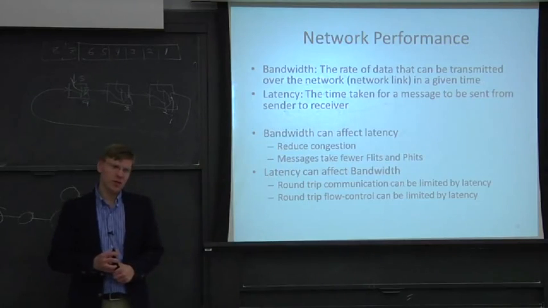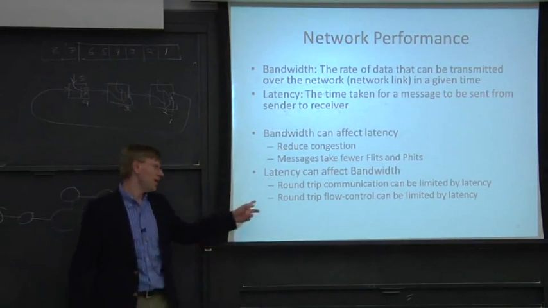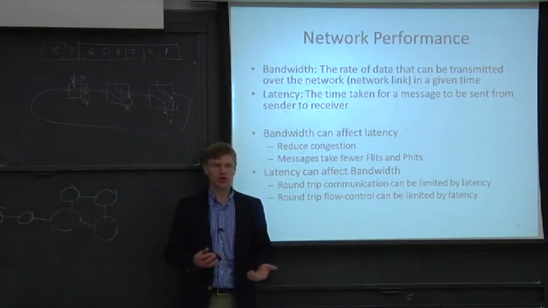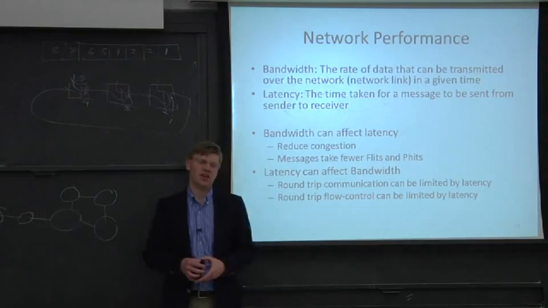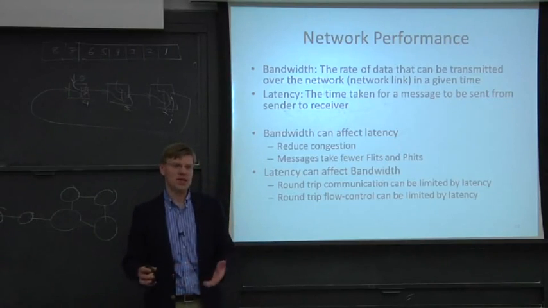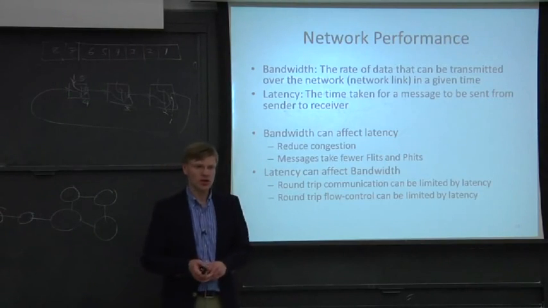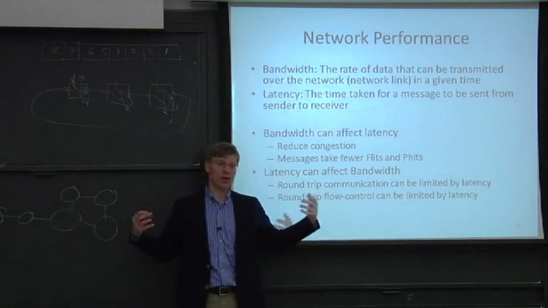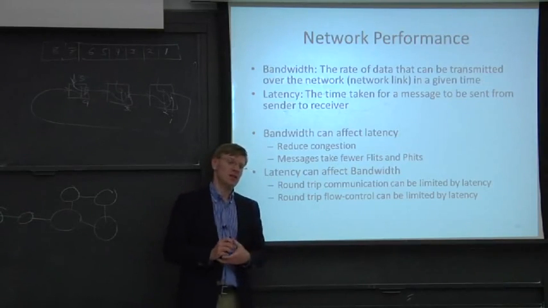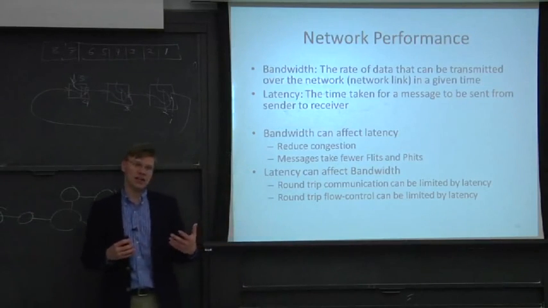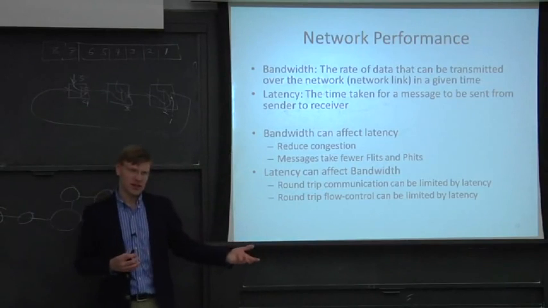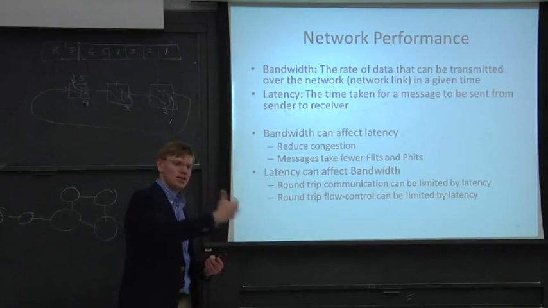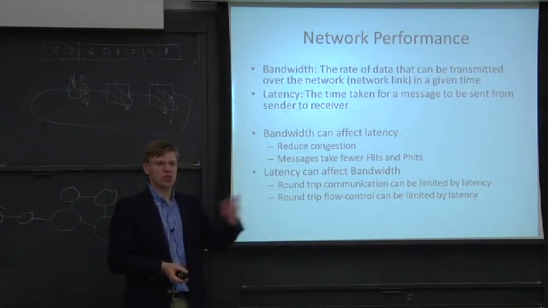But another good example of this is if you are worried about end-to-end flow control. A good example of this is in TCP/IP networks, something like our Ethernet networks. There's actually a round-trip flow control between the two endpoints, which limits the bandwidth. And it's actually tied to the latency, because you need to have more traffic in flight to cover the round-trip latency.